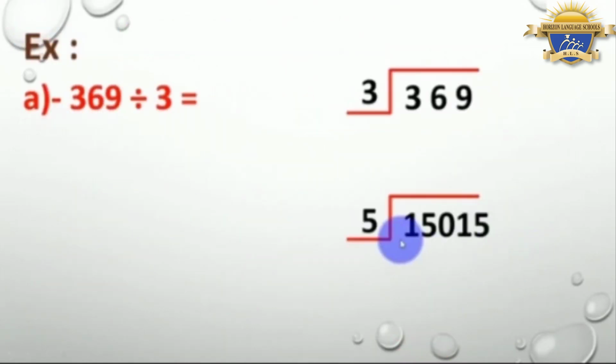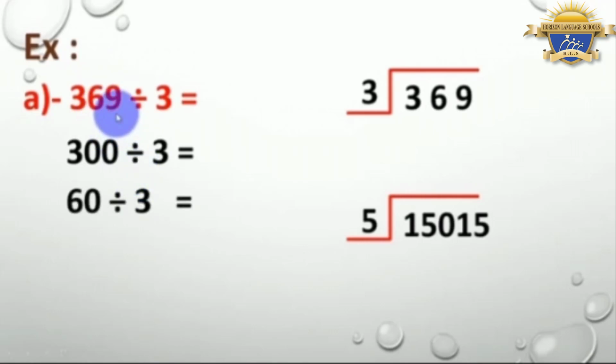In this example, we have 369 divided by 3. This means we have here 3 values in 369. First value is 300 divided by 3.